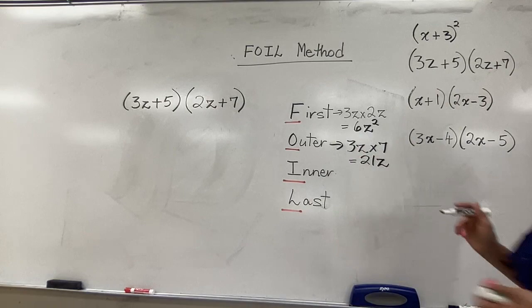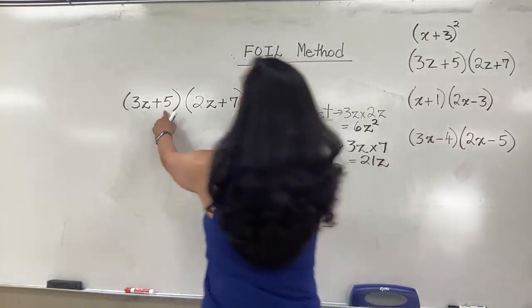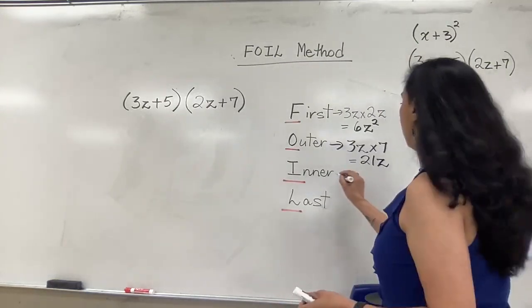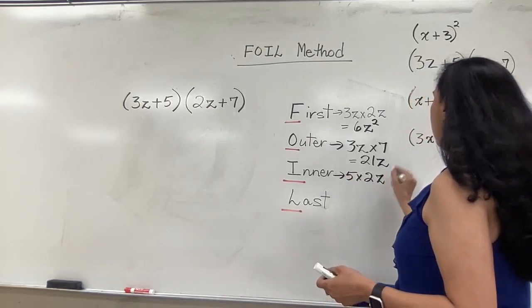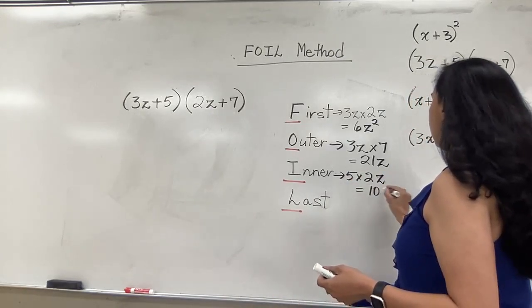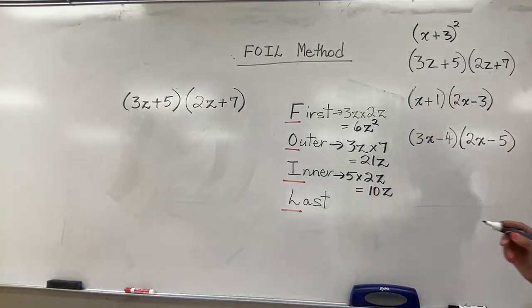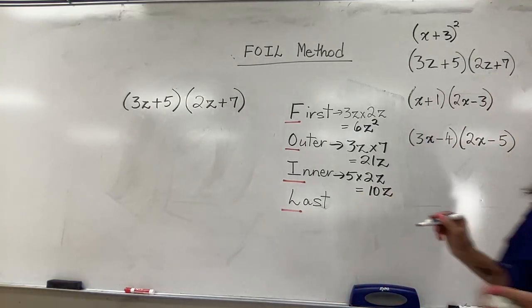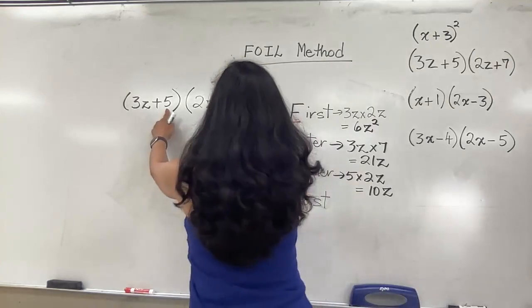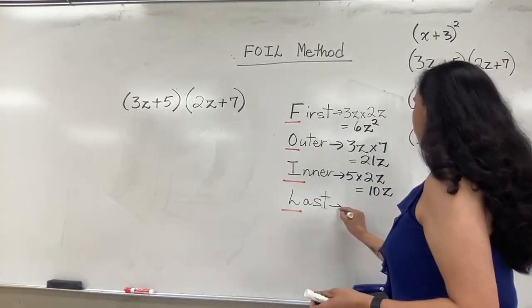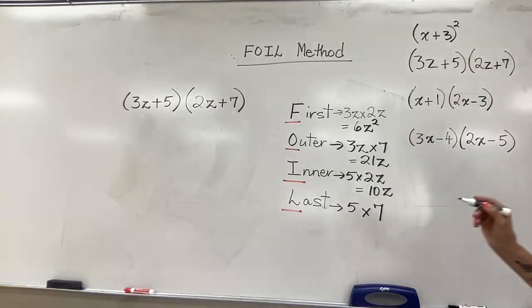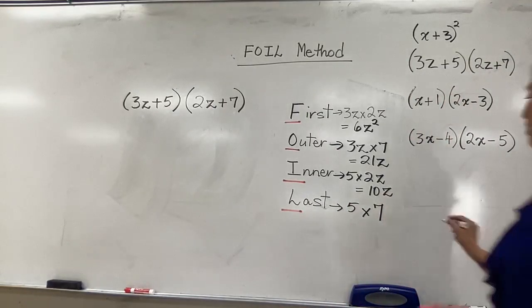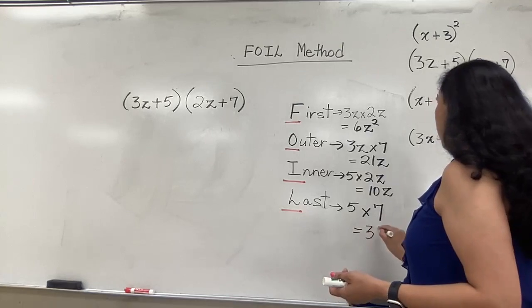For the inner, we have 5 and 2z. So this is 5 times 2z, which gives me 10z. 5 times 2 is 10, times z is z. And the last one is 5 and 7. So 5 times 7 gives me 35.